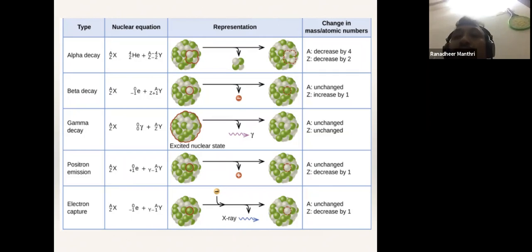In electron capture also, the atomic number decreases by 1 because a K shell electron near the nucleus is absorbed and the proton converts into a neutron. The charged proton becomes a charge neutral particle, so the atomic number decreases by 1 but the mass number doesn't change.